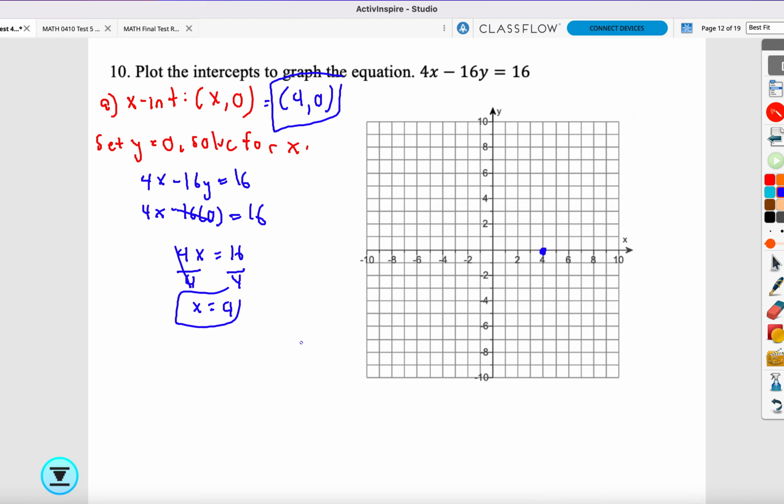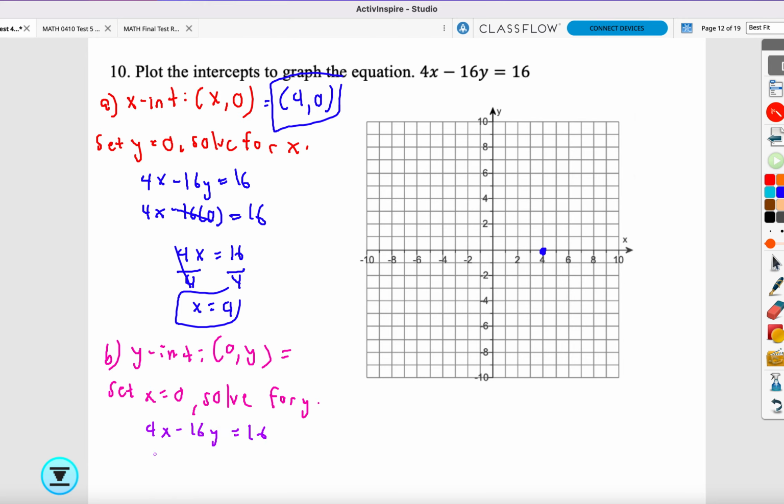So now we need to find B. B is the y-intercept. So to find the y-intercept, which is 0, comma y, we need to set x equals 0, solve for y. That is how we find the y-intercept for an equation. So then we get 4x minus 16y equals 16. So then we get 4 parentheses 0 minus 16y equals 16, which becomes negative 16y equals 16, because 4 times 0 is just 0.